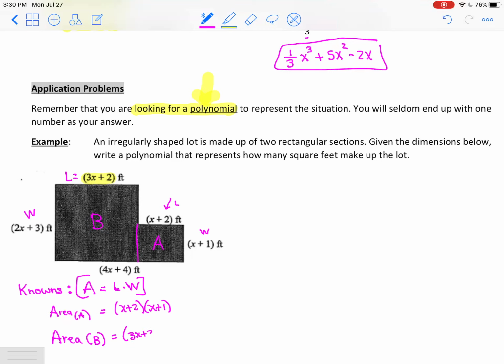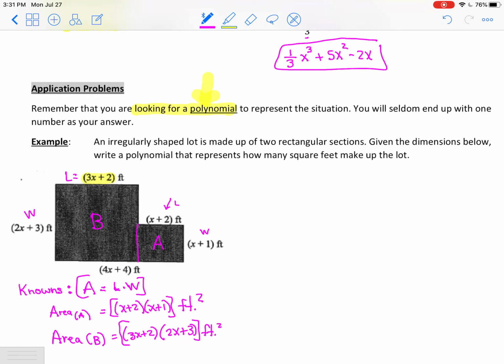Looks like it's going to be 3x plus 2 times 2x plus 3, and I should be very careful here because we have area measurements, so this is going to be feet squared, both of these. All right, so the reason that we write down the known information, of course, is because we want to know what to use when we're setting up our equation or our expression, in this case for the polynomial.